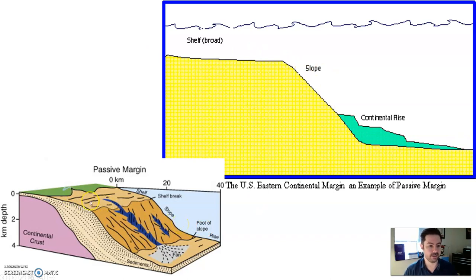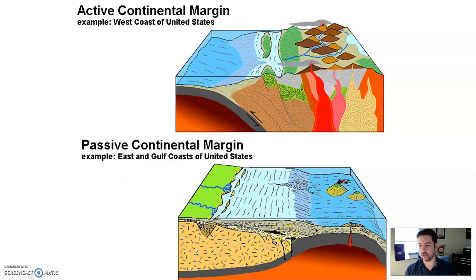Much wider shelf, much gentler slope, and very flat terrain. So again, it's almost night and day. Looking at active continental margins, there's a lot going on on the West Coast. Passive margins, really not much going on.